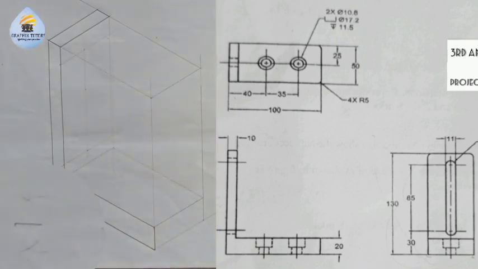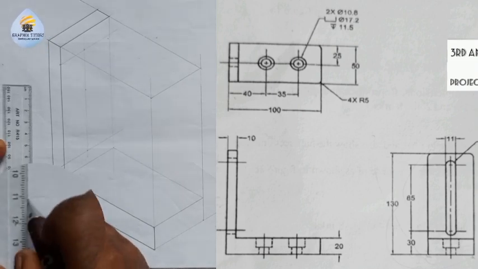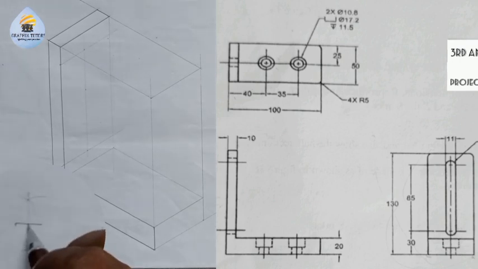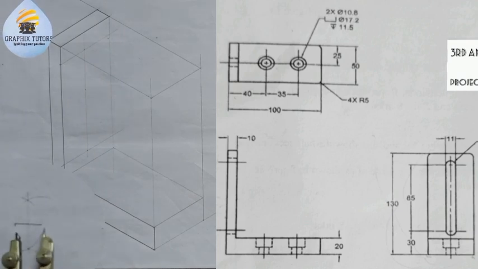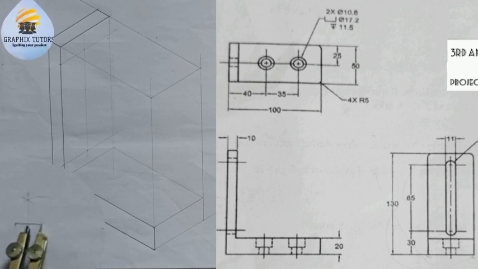I want to get the center of 11, which is 5.5, right? So from here to this point here, when this line passes through here, that is the center of 11. So I can easily take my compass, place it at the beginning of the line, to the center of the line. So that will be my 5.5.